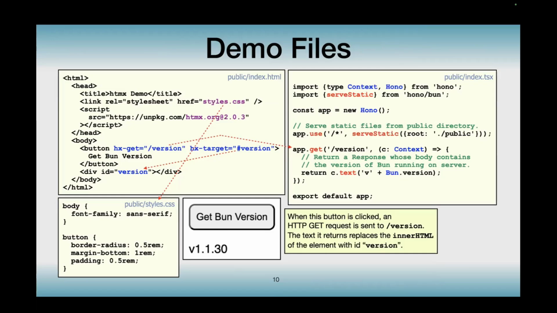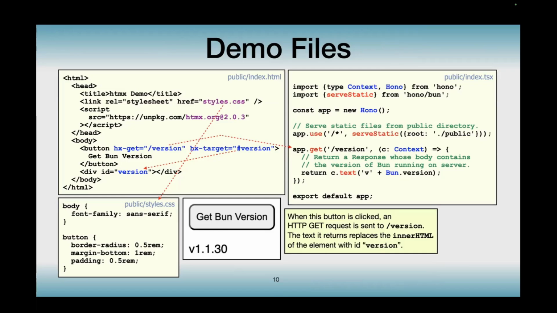So going over to the upper right, here's where I'm setting up my server using Hono, and it's really doing two things. First, it's serving static content out of the public directory. And that's where I have my index.html file and my styles CSS file. So I can serve those.